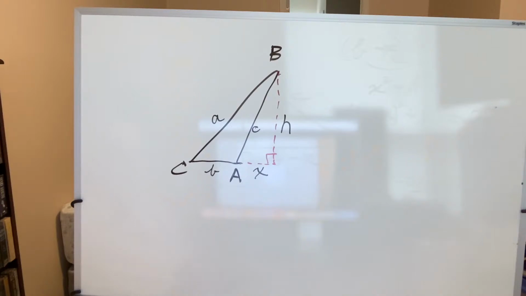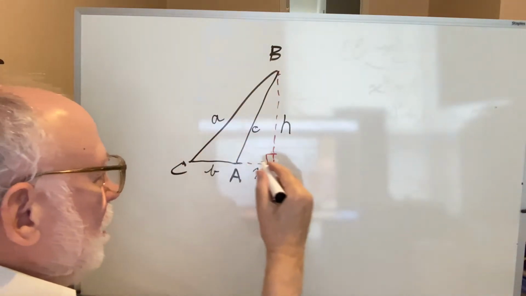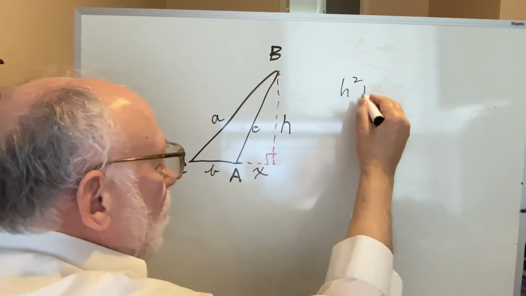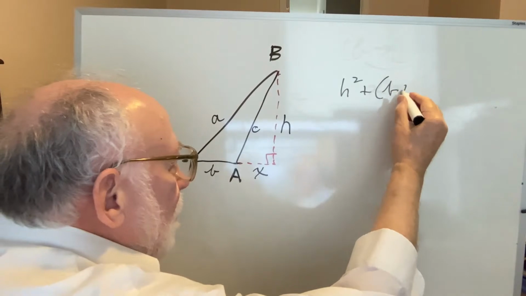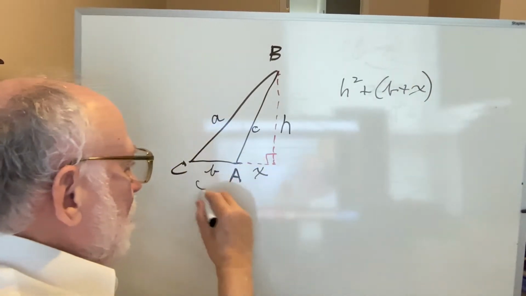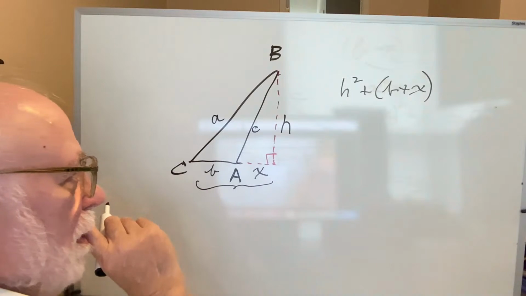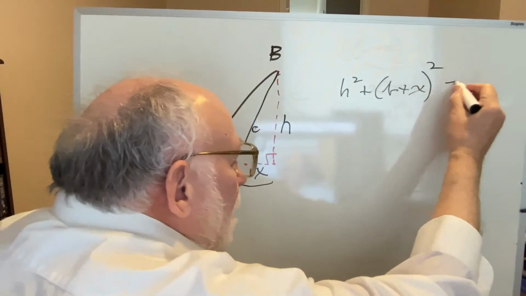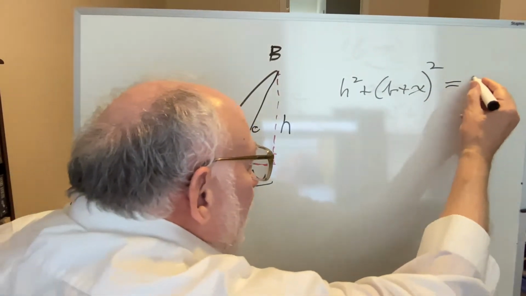So what we want to say here is that if we take the big triangle, the two triangles put together, we're going to get h squared plus b plus x, the base, one of the legs of the large right triangle, squared is equal to a squared.